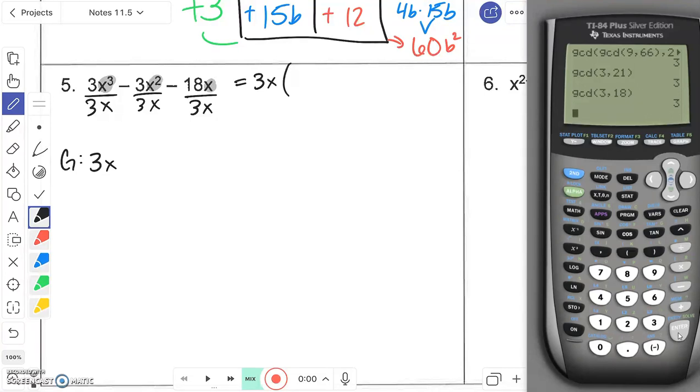So this is one where we got to think back to our exponent rules as well. So if I look at my numbers, 3 over 3 cancels, so that's just a 1, but then I have x to the third power over x to the first power. So 3 minus 1 would give me x squared. And then I have the minus, 3 over 3 cancels, x squared divided by x to the first power, so that's 2 minus 1 is 1.